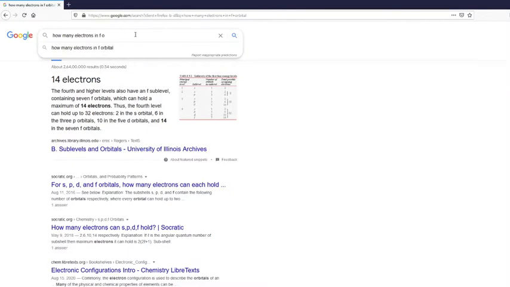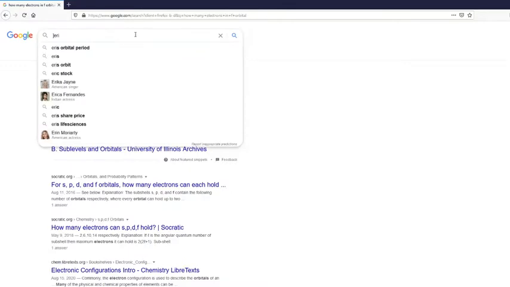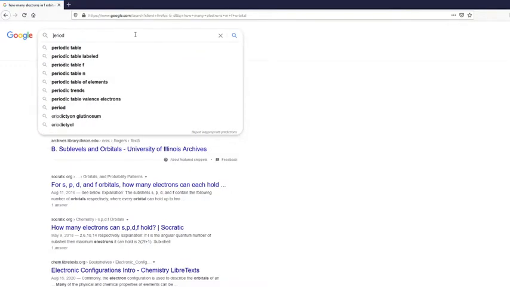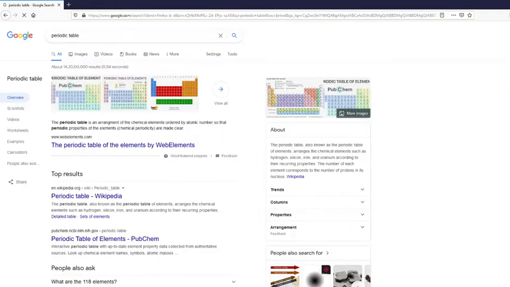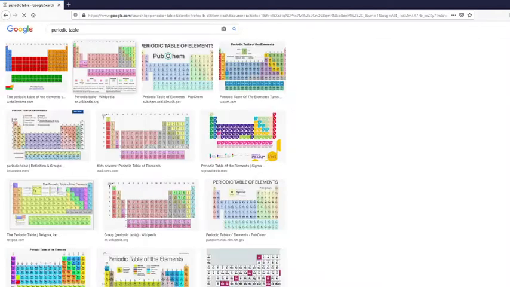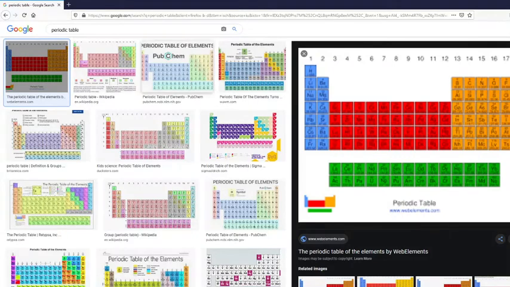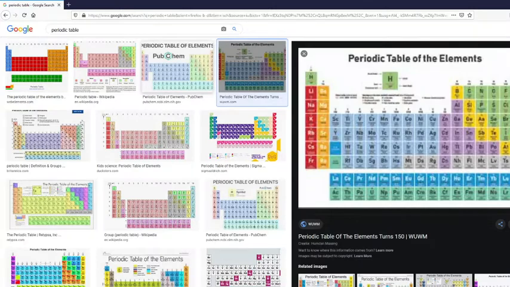Let's look at one of the periodic tables. Carbon has an atomic number of 6, silicon has 14, and germanium has 32. So we will find out the electron configuration for these.